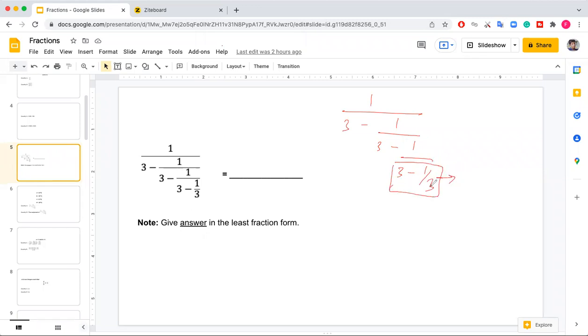This is 3 plus 3, 9, 9 minus 1, 8 by 3, right? So this will be 1 over 3 minus 1 over 3 minus 1 over 8 over 3. So we have a fraction in the division. Just take the reciprocal and multiply. So this will be 1 over 3 minus 1 over 3 minus 3 by 8, right?